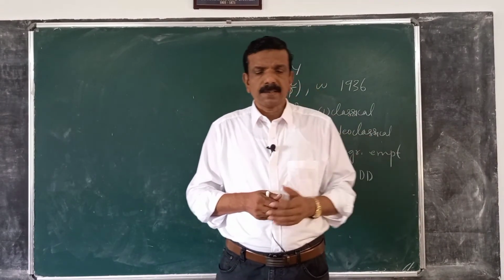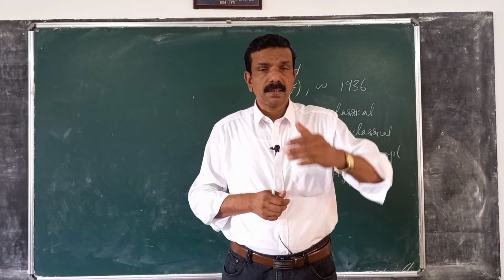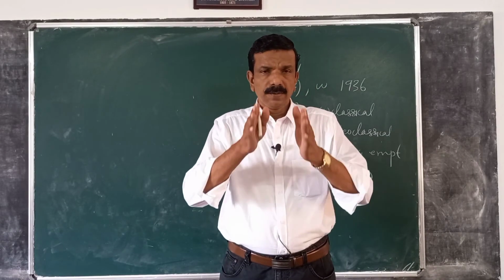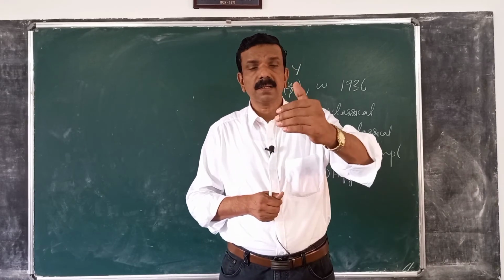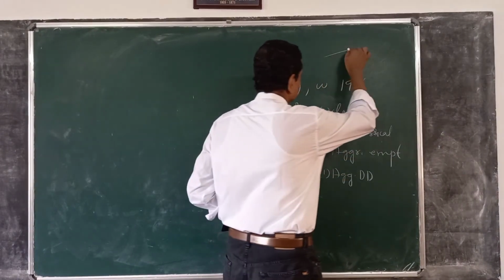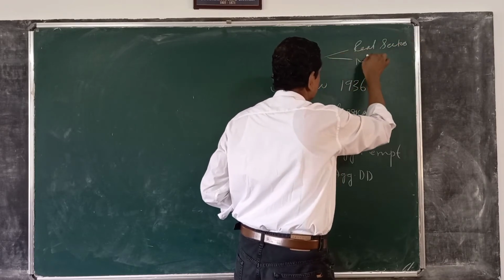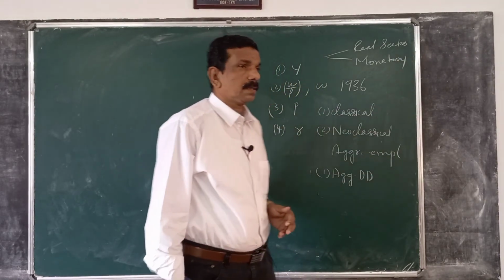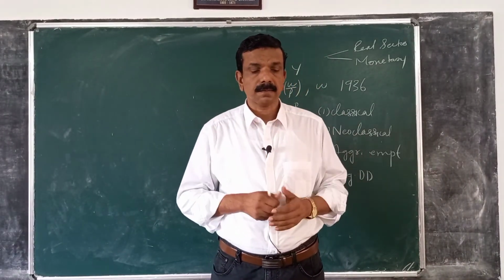Now, in order to explain how classical economists explain the determination of crucial macroeconomic variables, we follow the approach of classical economists by dividing the economy into a real sector and a monetary sector.